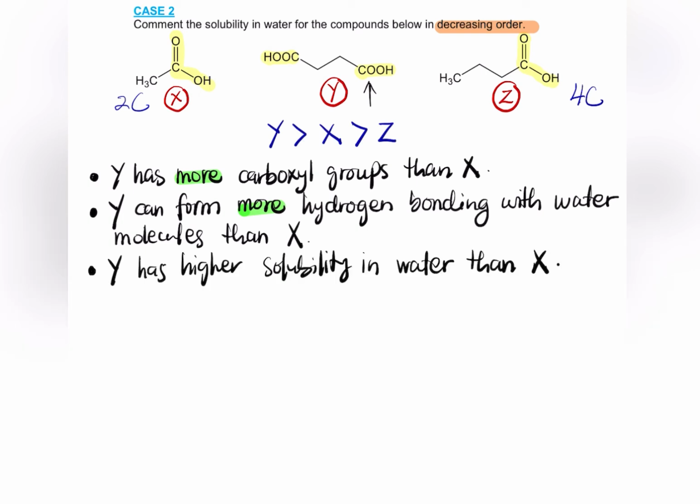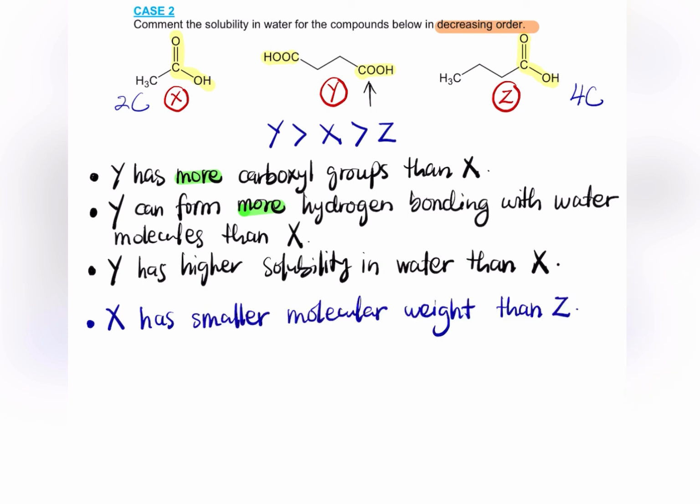I'm going to continue with the second paragraph, the comparison between X and Z. So I'm going to choose X as my subject. So between X and Z, we are going to compare based on their molecular weight. For the first point, X has smaller molecular weight than Z. After that, you have to talk about the size of alkyl group that contributes to hydrophobic area.